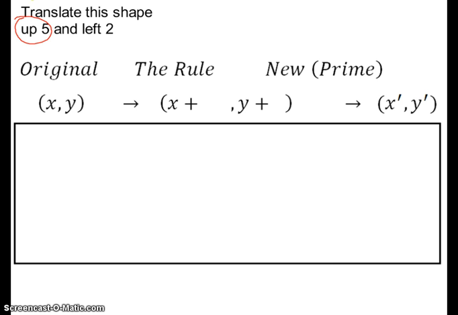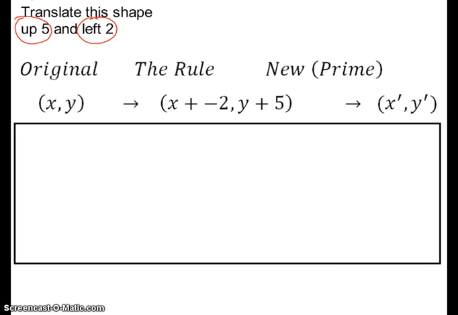Up is working on the y-axis, so the 5 goes there. Up is a positive number, so it's a positive 5. Then we have left 2, okay, and so the 2 is going to be over here, but since it's left, I know it's going to be negative. So it's x plus negative 2.